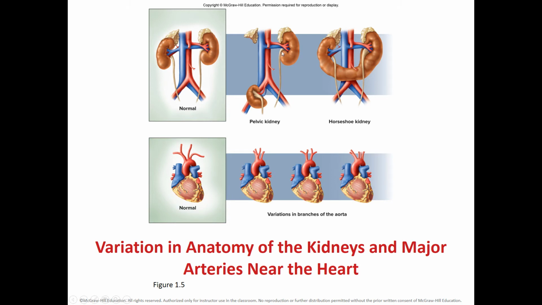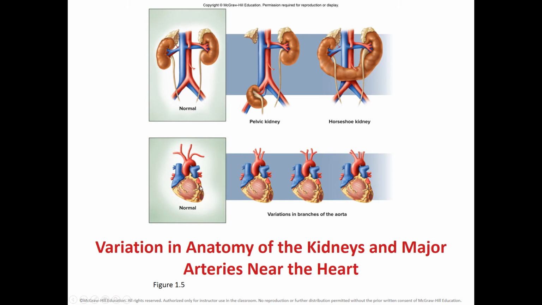But in this case, you can have a pelvic kidney in which the right kidney is located far away from the lumbar area. And then instead of having 2 kidneys, you can have only 1, which is called horseshoe kidney, in which the kidneys are connected in their inferior portion, forming a horseshoe, and then forming a single kidney instead of 2.